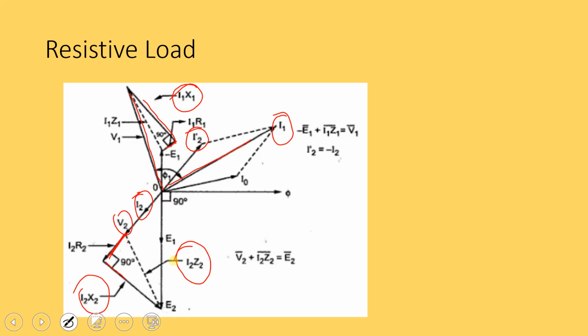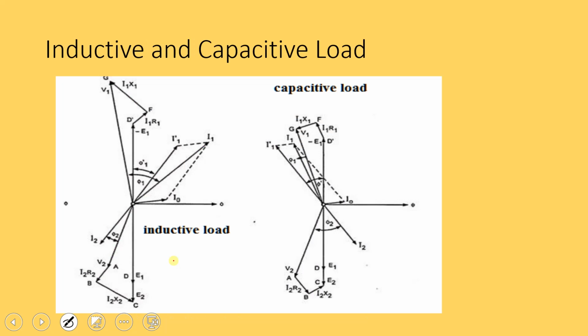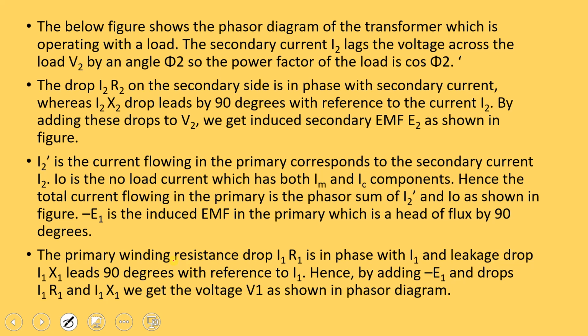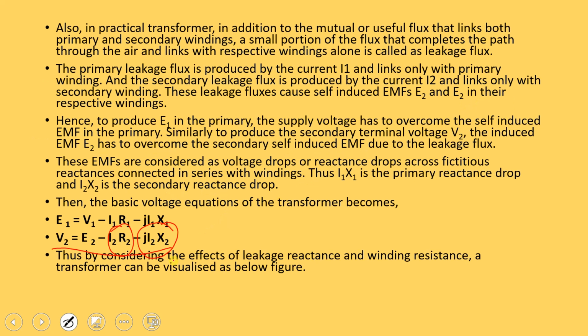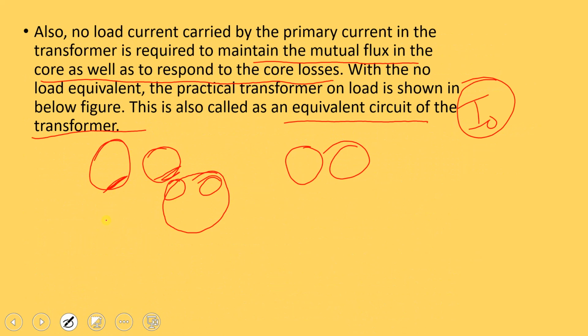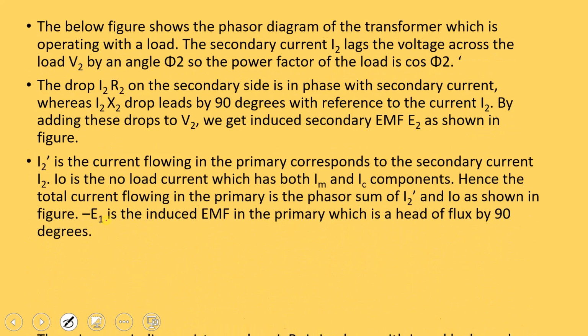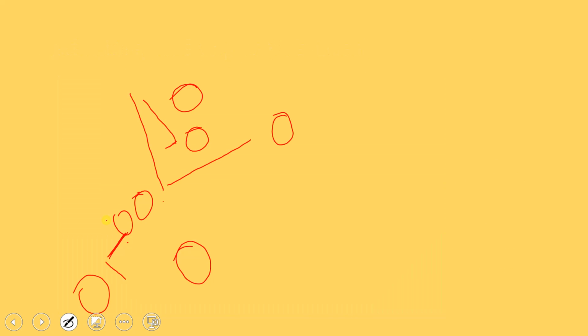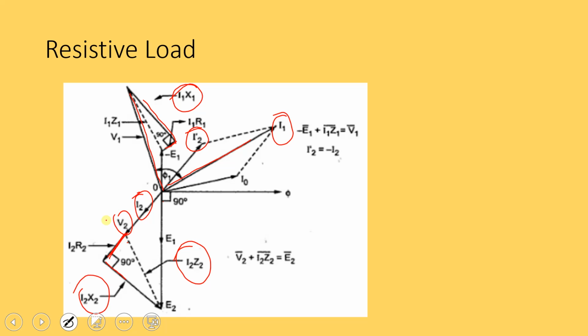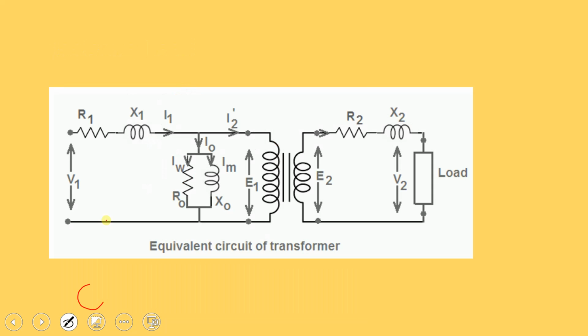So this is how the different loads are working. I am showing you one by one. This is the equation, that's why we are putting these values after this. So this is the equivalent circuit, and this is inductive and capacitive load, and this is about the resistive load.